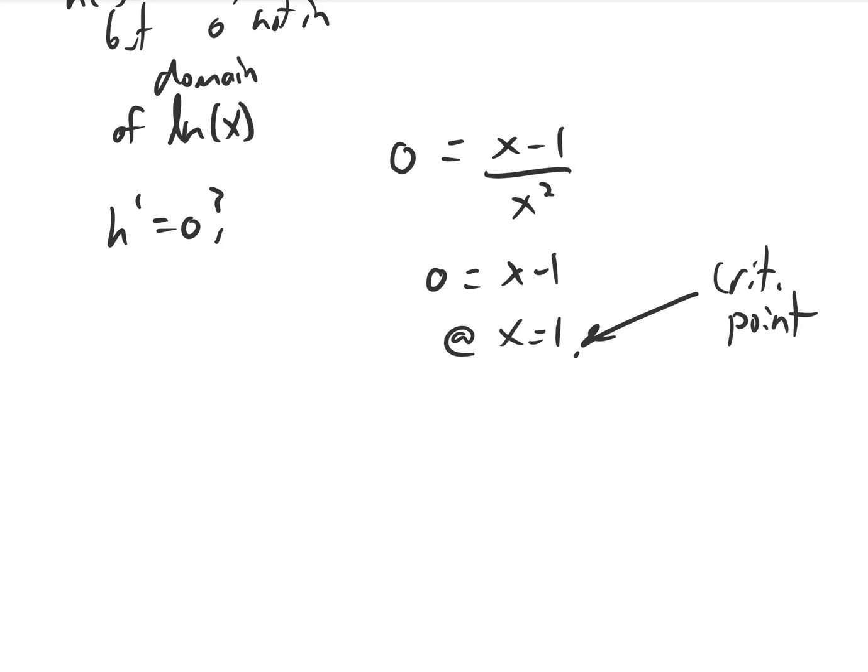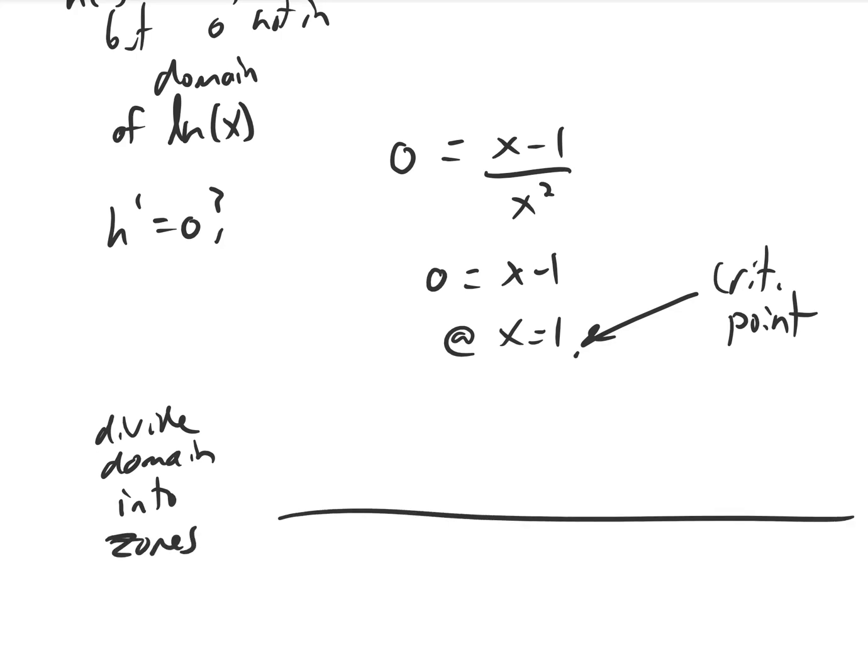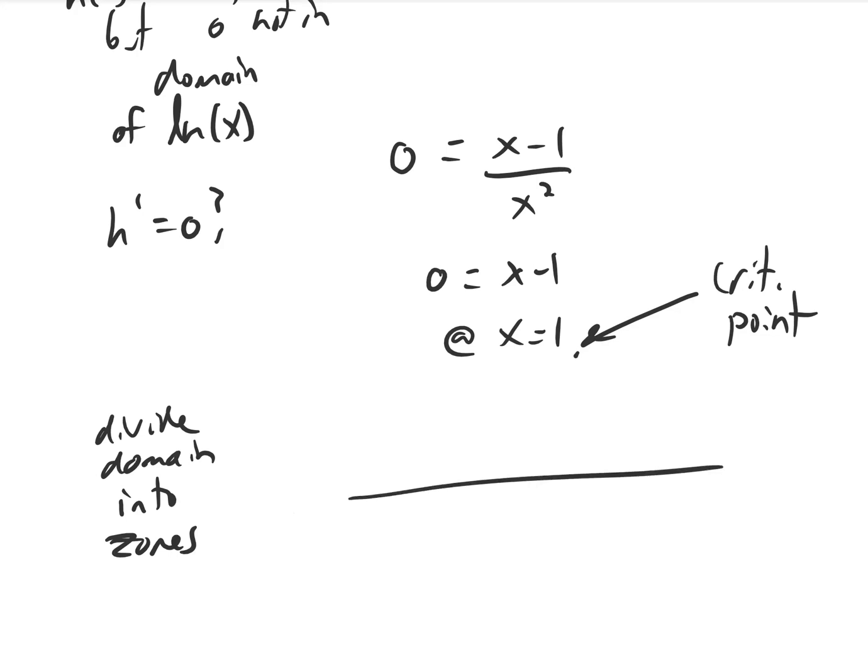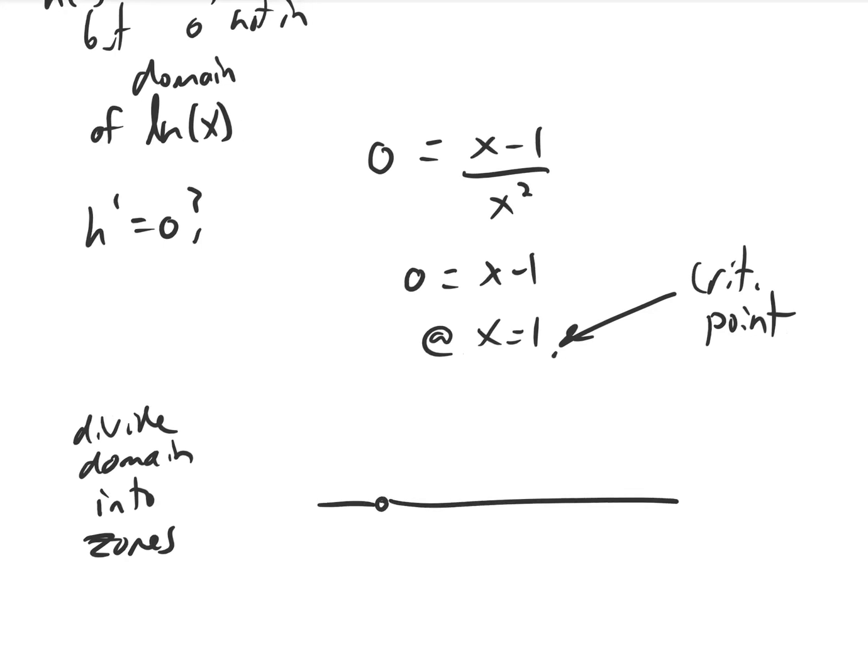We divide the domain into zones. So it starts at 0. We'll have an open circle at 0 because that's not part of the domain.